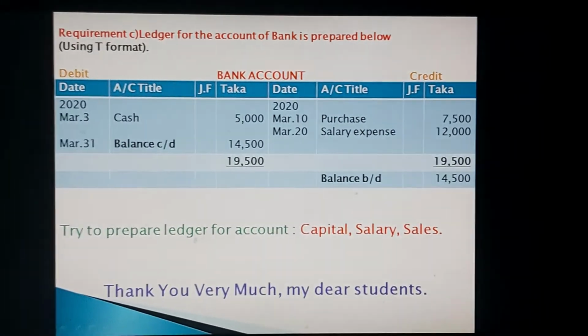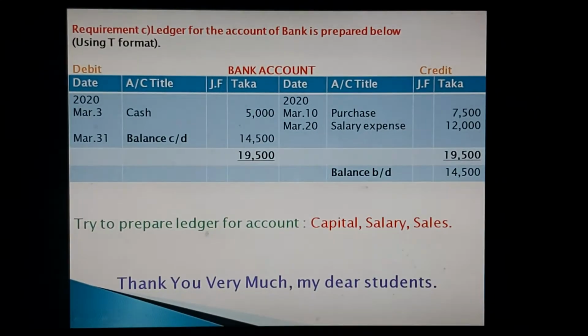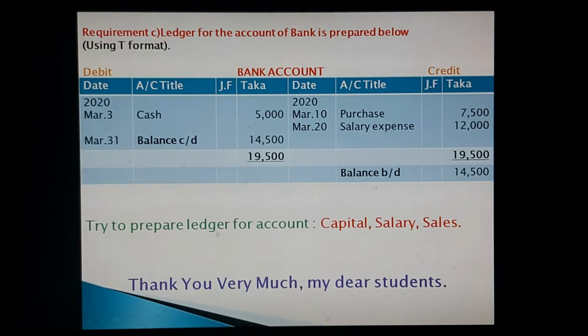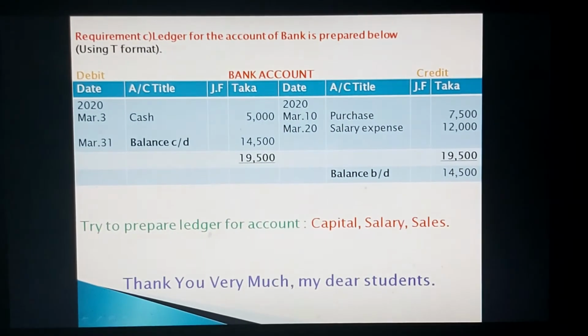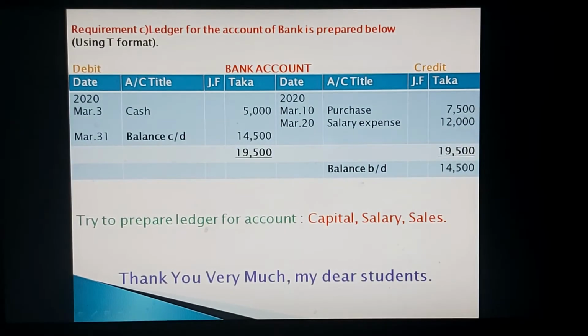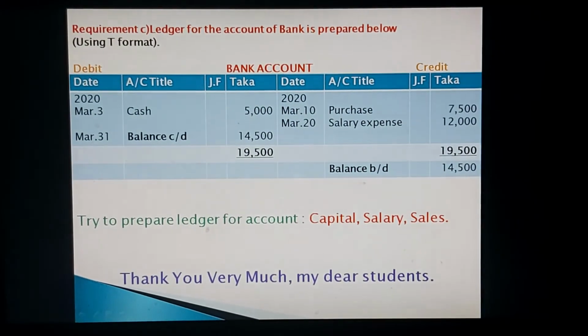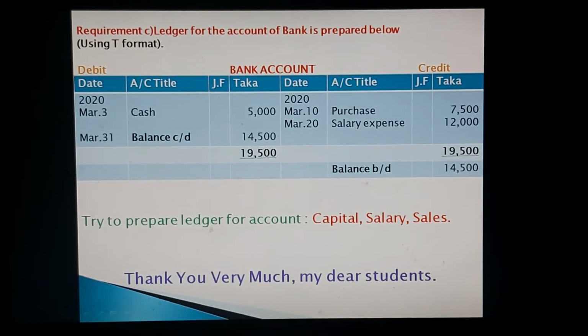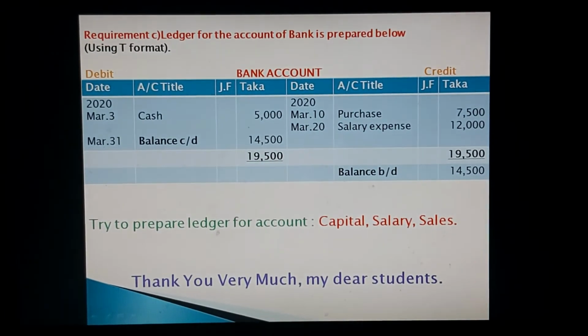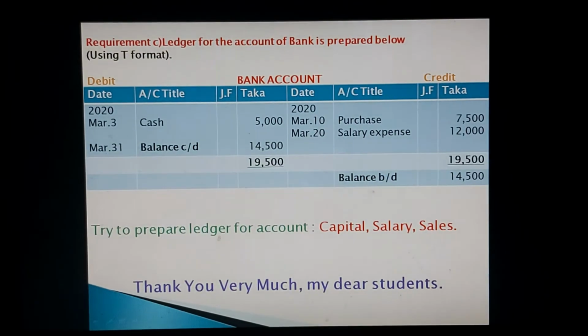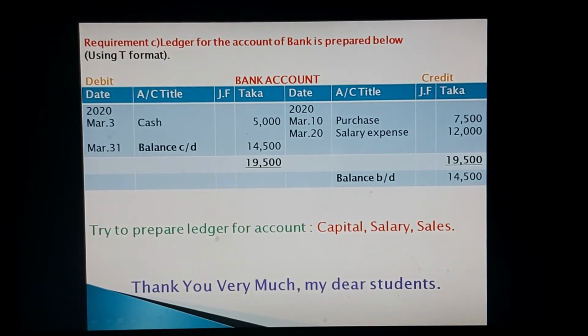Now you are seeing in the account the total of credit side is more than the debit side. The total of credit side is 19,500. Now you can take this amount to be carried in debit side, 19,500, and deduct 5,000 from this amount.